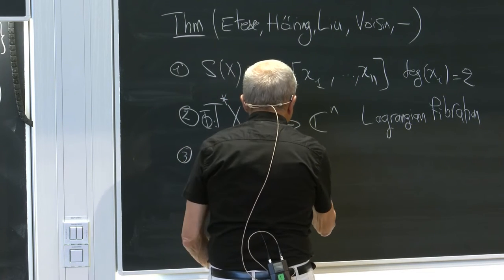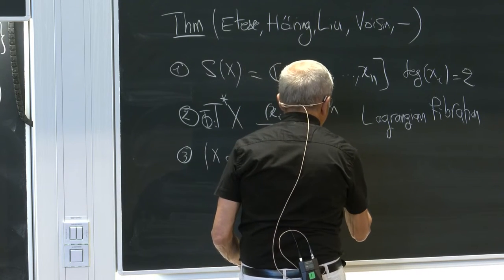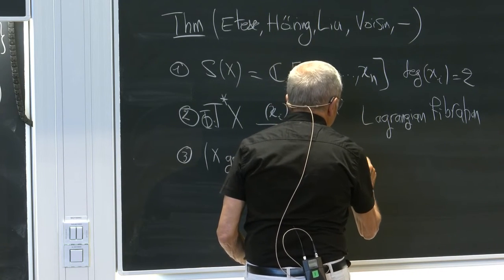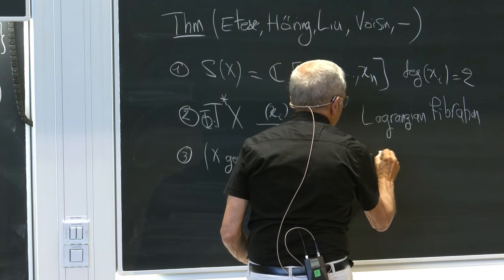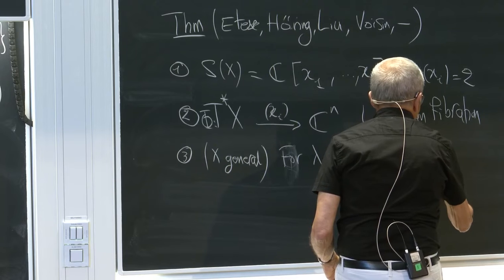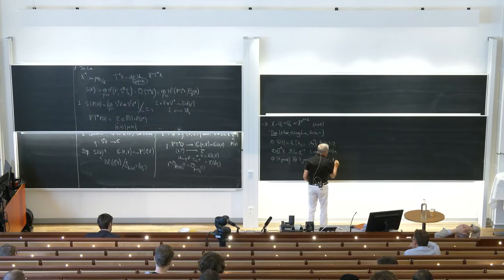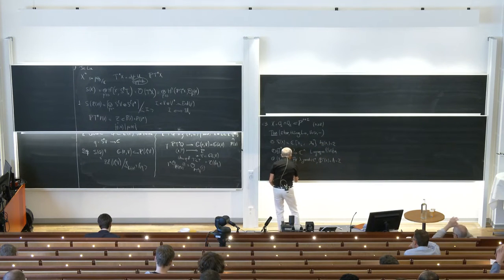Now for lambda general, what is the general fiber? Phi minus 1 of lambda is an abelian variety, A minus something of codimension 2.